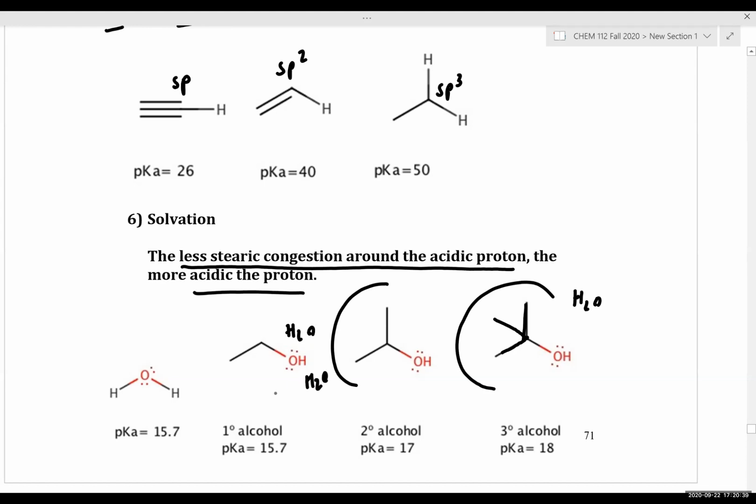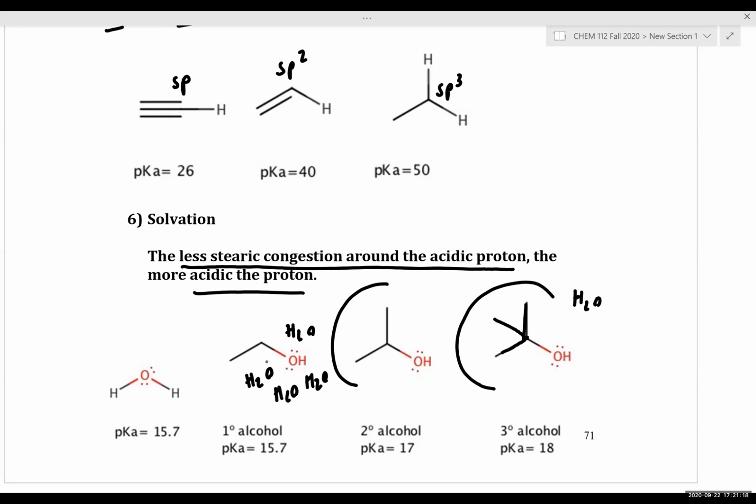And if there's a really bulky, sterically hindered group around our acidic proton and around our potentially anionic atom after ionization, then in turn the anion is less stabilized by our solvent, and because it is less stable, it is less likely to form in significant amounts, and our proton experiences a larger pKa and is less acidic. Does this make sense to everyone?